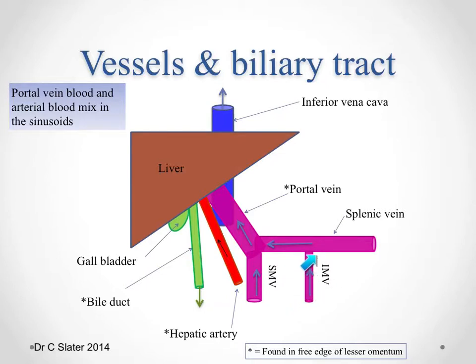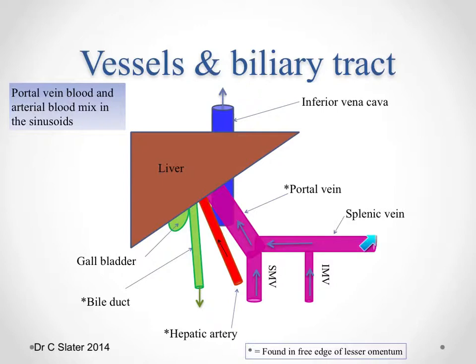Usually the inferior mesenteric vein joins directly into the splenic vein running from the spleen, but it can on occasion join in at the intersection between the splenic vein and the superior mesenteric vein, or even drain directly into the superior mesenteric vein. However, in classical descriptions, the superior mesenteric vein joins up with the splenic vein, and that runs up to form the portal vein going into the liver.